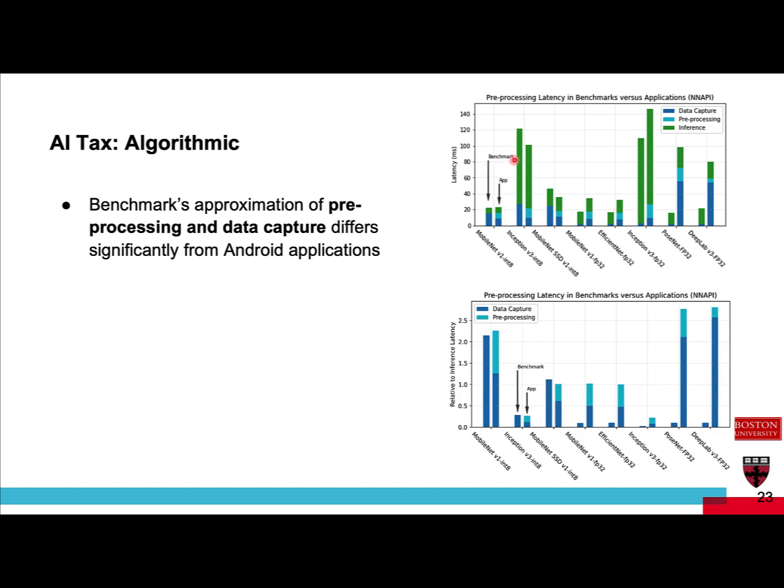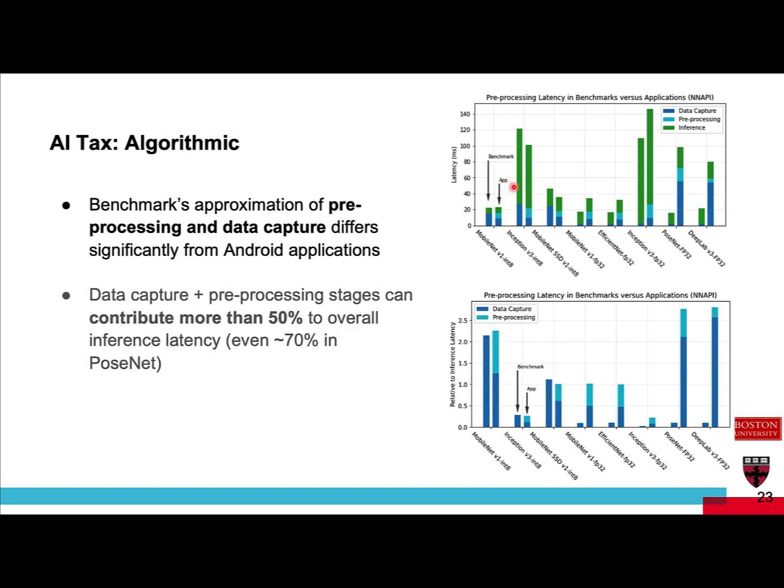And second, there's clearly a difference in terms of the characteristics of how the benchmarks perform and how the application actually performs. Now, if we look at the bottom chart, this is effectively taking the data up on the top and breaking it down one level into more detail by showing the relative overhead of data capture and pre-processing with respect to the inference latency.